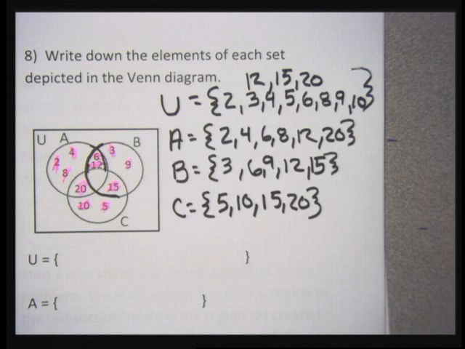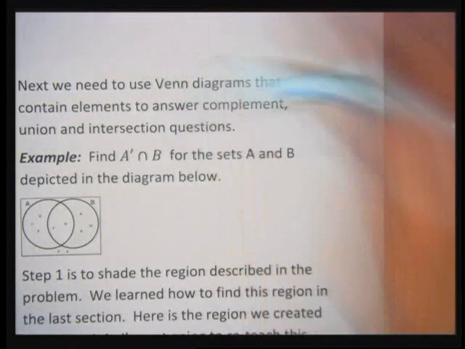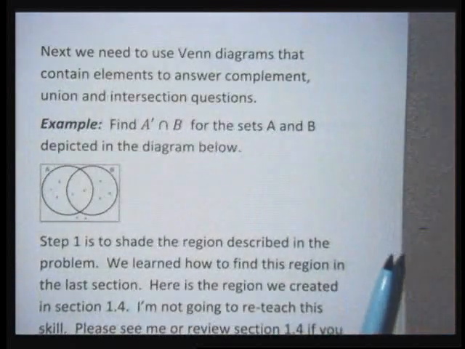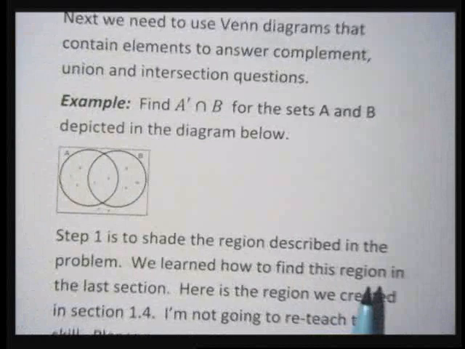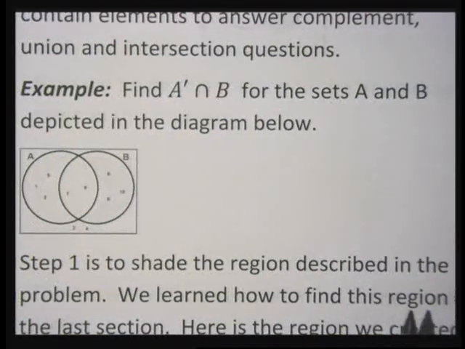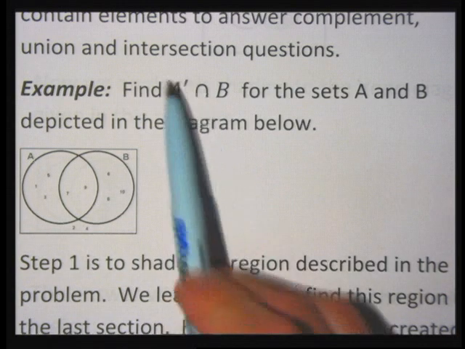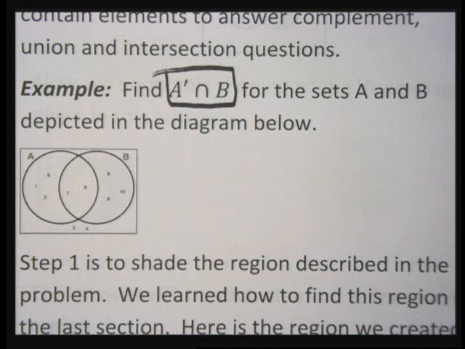I think we're moving on to a new kind of problem. The next problem, what it wants me to do is use a diagram to find an intersection. And this is reasonably easy to do if you know what the picture of the set denoted by the question looks like.